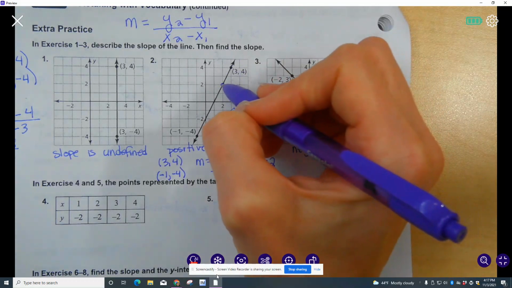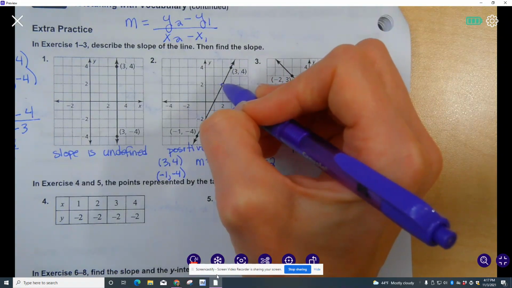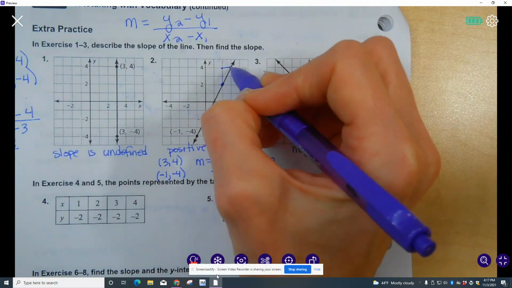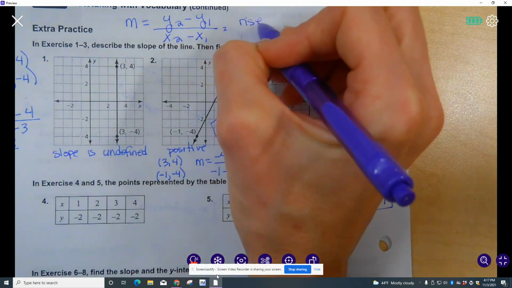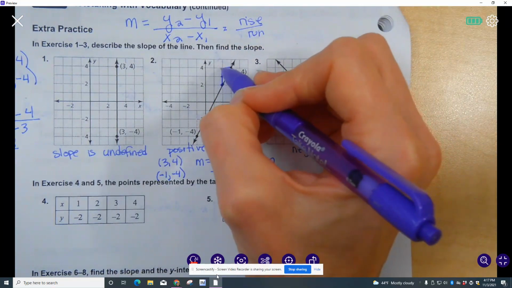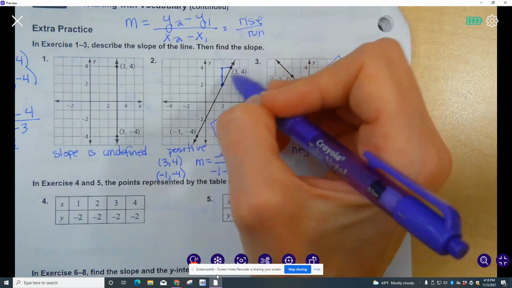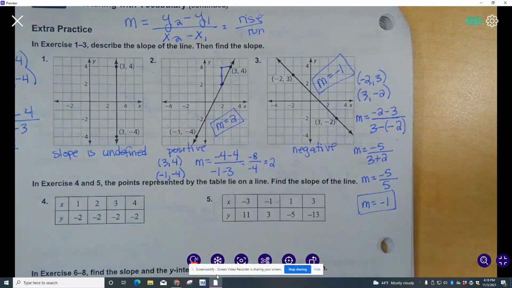And I'm going to show you when I go from this point to this point, I go up 2 and over 1. So remember how we said slope is rise over run? If you think about this, I went up 2, so that's my rise, and over 1. That's my run. So rise 2, run 1. 2 divided by 1 is 2.